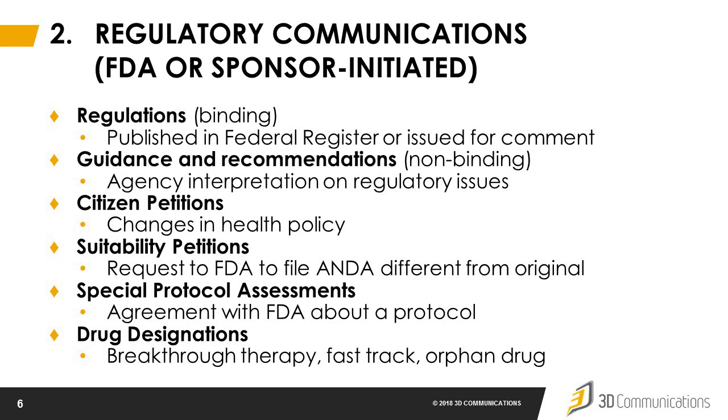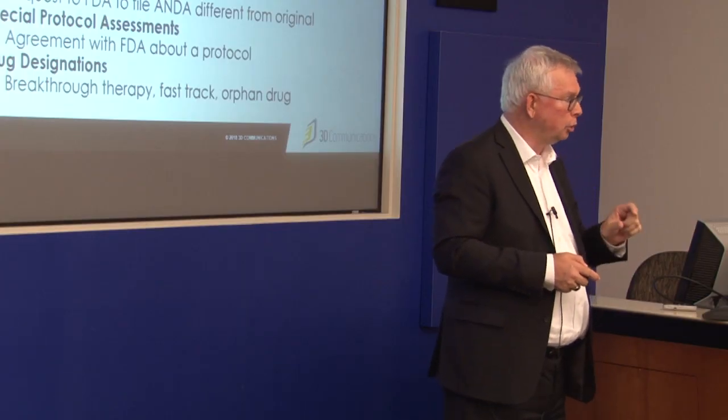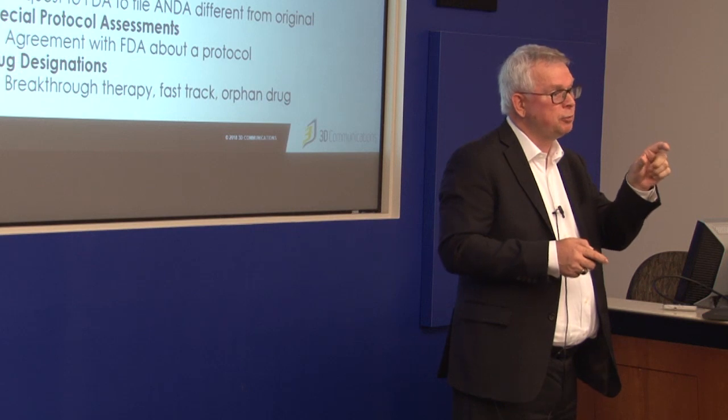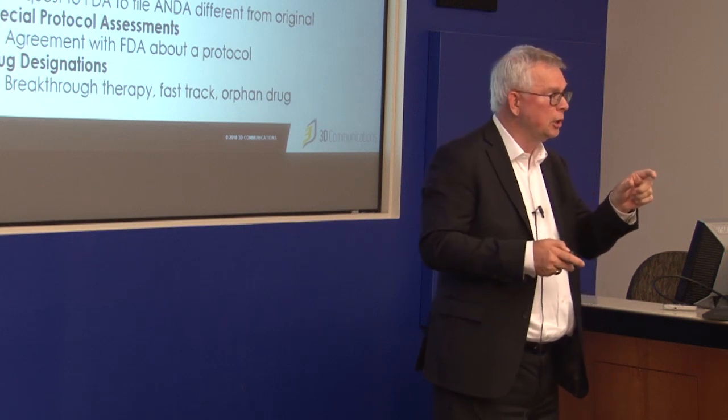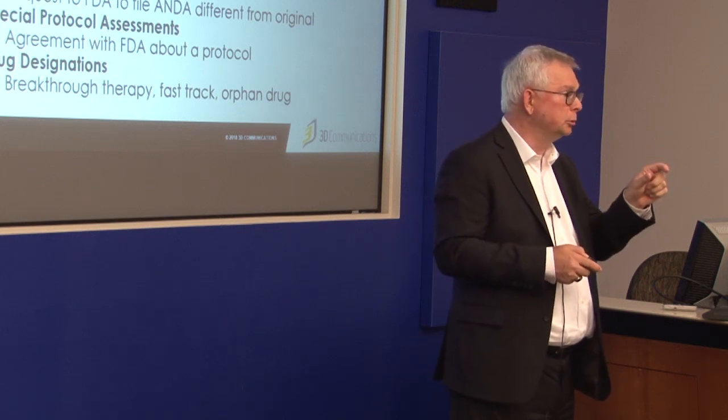A suitability petition is asking the FDA if you can file an abbreviated NDA for a product that is not exactly similar to a product that is already on the market, where they have the NDA. And the special protocol assessment is if you want to get an agreement with the FDA that your protocol suffices for the regulations for getting approval.